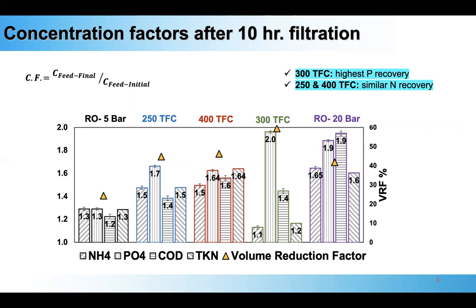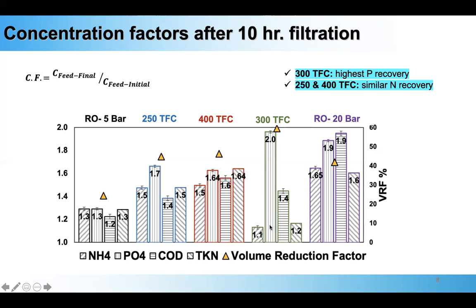We can see that the 300 Dalton TFC membrane has the highest phosphorus concentration factor, because this membrane had a high phosphorus removal, same as all the membranes.